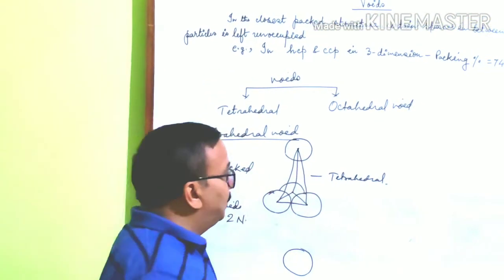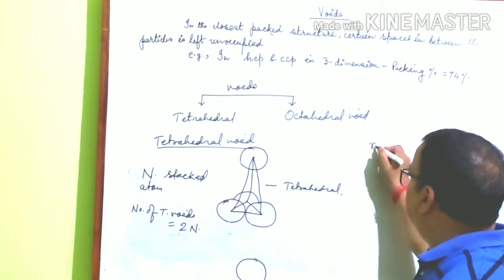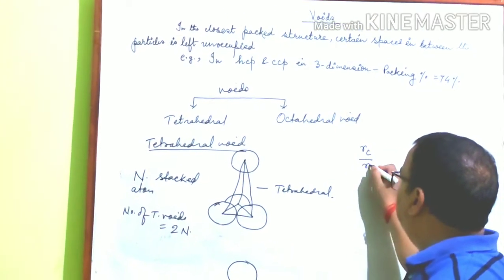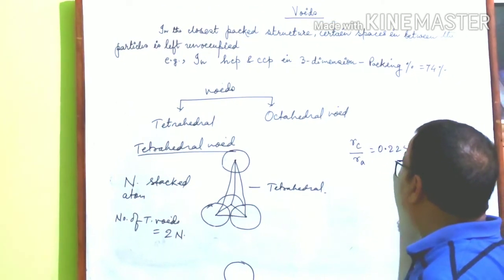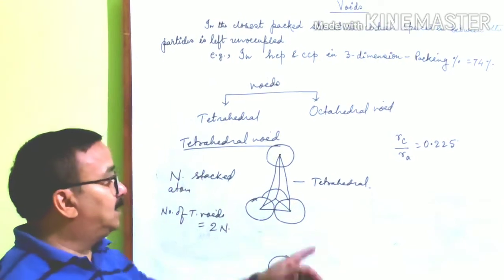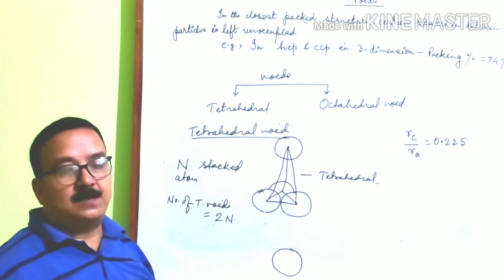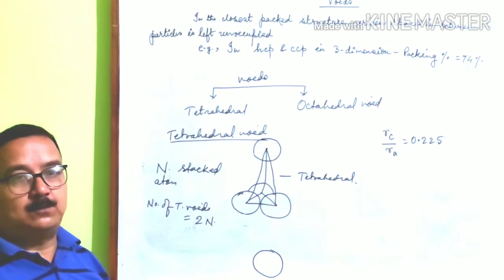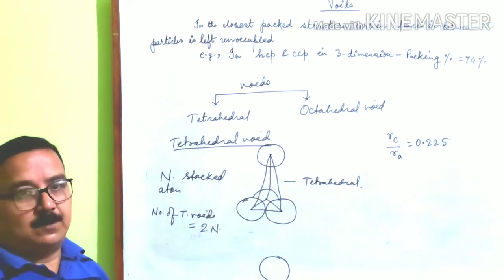Now if we find the limiting radius ratio, that is radius of cation by radius of anion, it is equal to 0.225. The radius ratio of cation to anion for a tetrahedral void is 0.225. What are the characteristics of tetrahedral void?